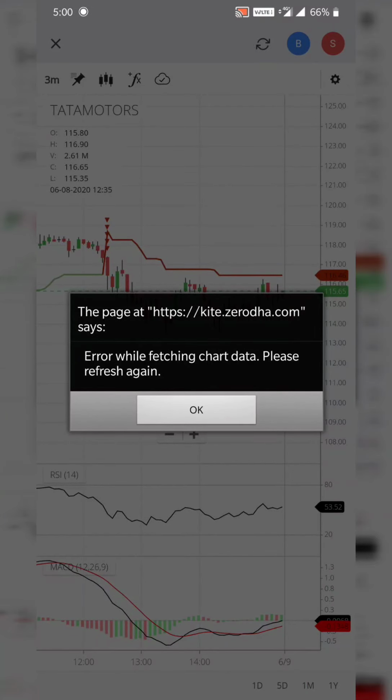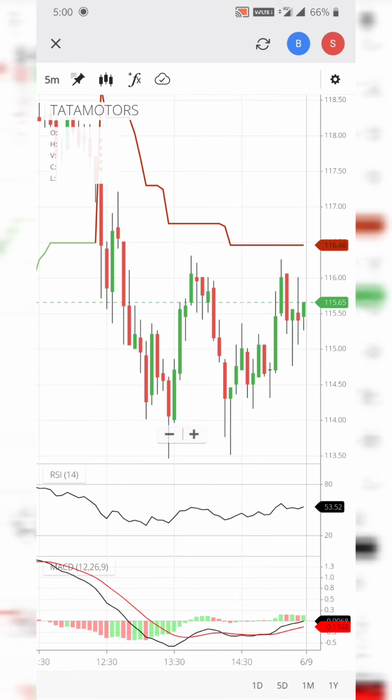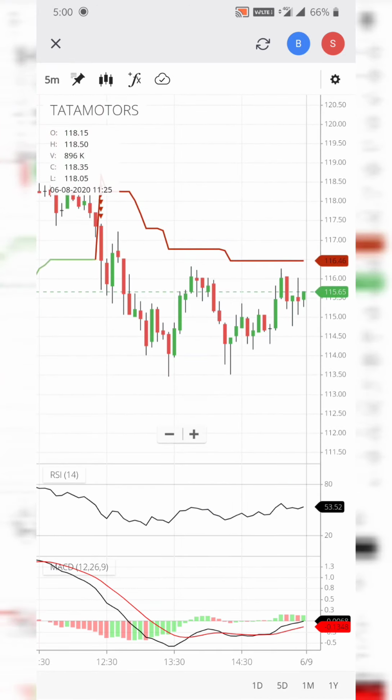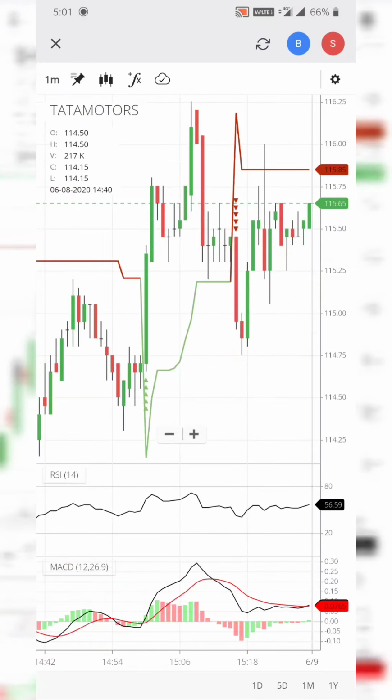Error fetching data. I'm sorry for this, I'll just pause the video and reload it. Yes, I've reloaded it. You can see clearly there is a lot of noise and confusion in this 1 minute chart. Within 5 minutes or 10 to 20 minutes the trend changes.